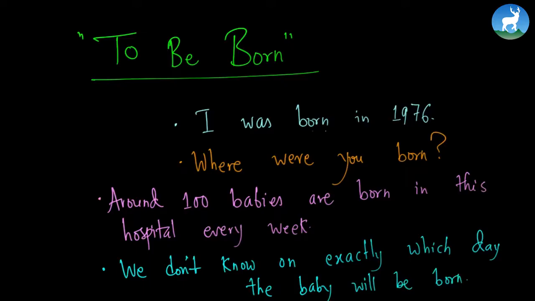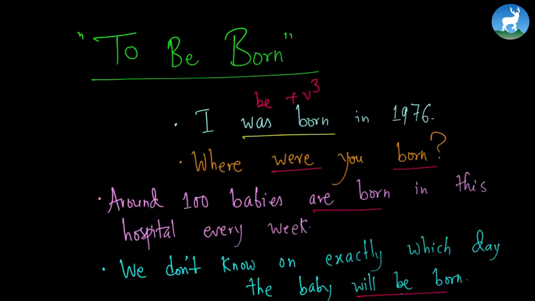Right? So I was born is a passive construction because we have a be verb followed by V3. Where were you born? Again, a passive construction. Are born is a passive construction. Will be born is also a passive construction. So this is the special case we talk about, to be born, and it is always passive.